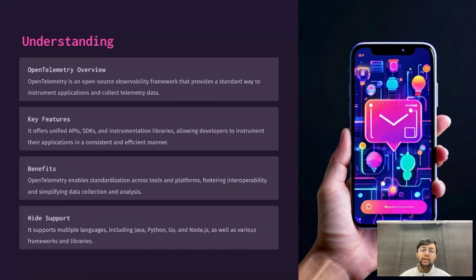So OpenTelemetry gives you a standard framework which makes sure that from company to company, team to team, or person to person, the way you instrument things and observe your applications is exactly the same, right? So there is no difference between how you did it in the previous team and how you're doing it now, and you will always know where to look and what to look at.